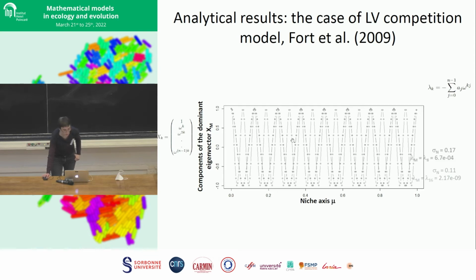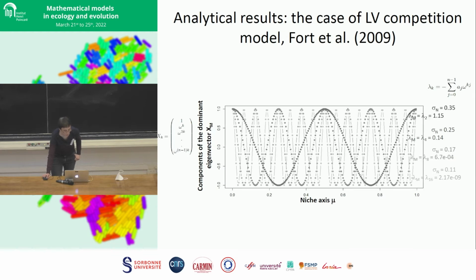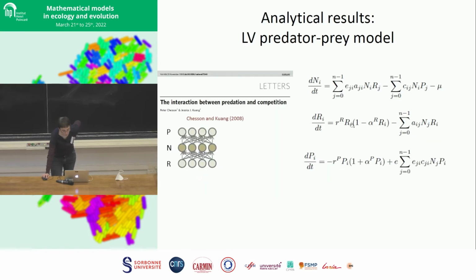As you increase sigma_n, you have fewer and fewer clusters, and you have at the end species which are very dissimilar after the transient dynamics. Okay, so it's a way of estimating the number of clusters depending on the parameters. So what we did from that, we decided to try to extend this work a bit to a Lotka-Volterra predator-prey model.